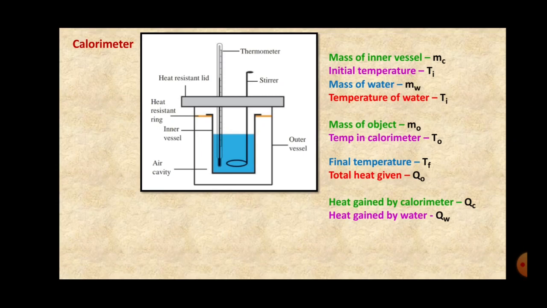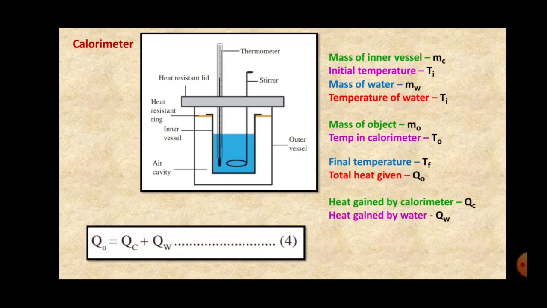C is the specific heat, and heat gained by calorimeter Qc, and heat gained by water Qw. And thus we get the equation which is Qo, that is total heat given, is equal to Qc, that is the heat gained by calorimeter, plus heat gained by water, Qw. Okay.